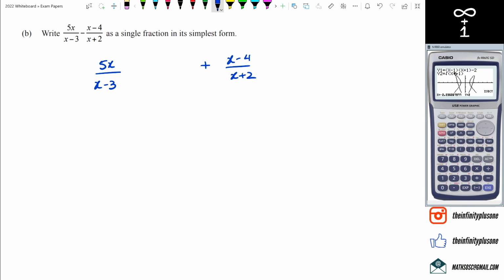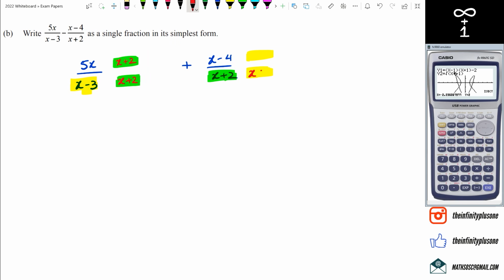In the denominator, we have got x minus 3 here, and we've got x plus 2. So I am going to put x plus 2 here in the denominator and also in the numerator. As for the other one, I'm going to put x minus 3 in the denominator and also the numerator. Then I would end up with the same common denominator, so I could write it as a single fraction. That's the whole point of this.